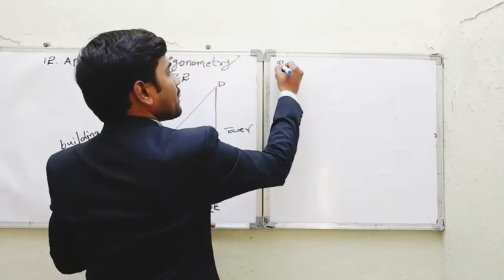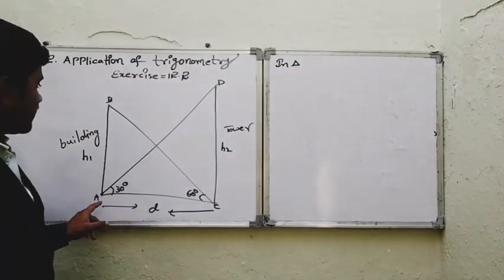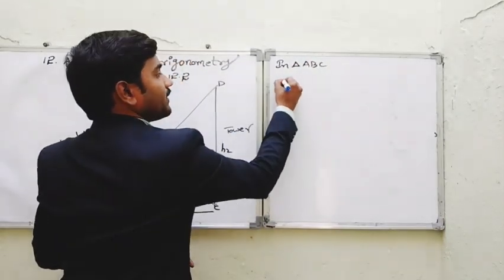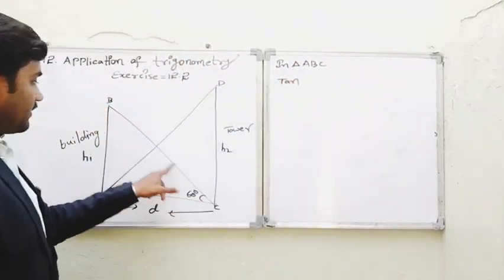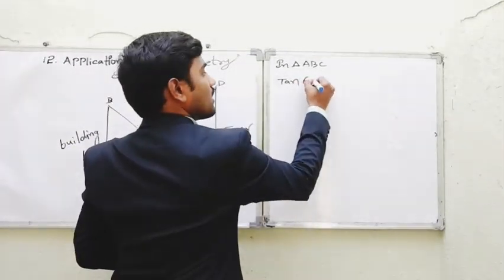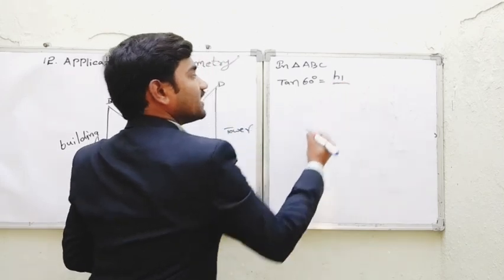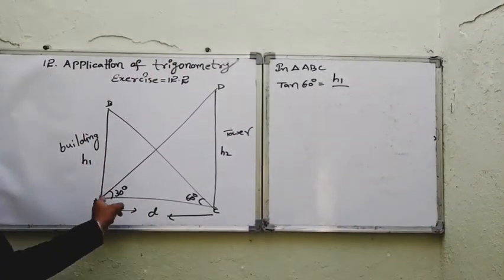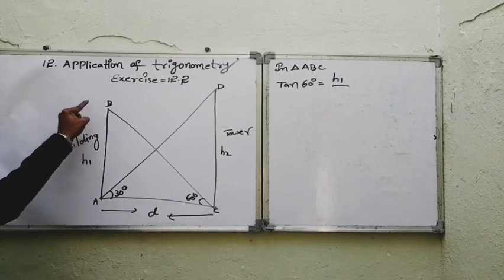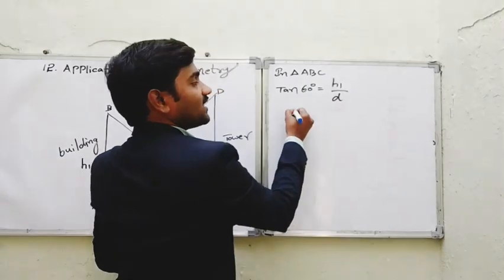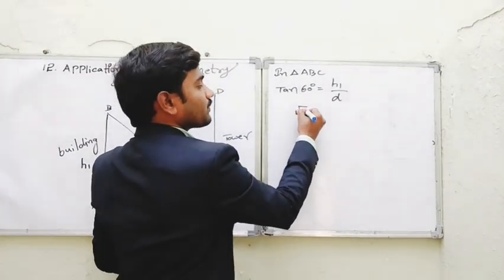In triangle, let us take triangle ABC. In triangle ABC, tan 60 equals H1, height of the building, by the adjacent side AC, which is D. So tan 60 equals root 3.